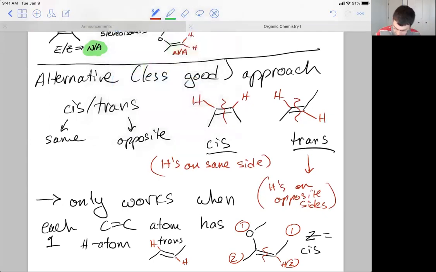Wrong. Cis only works and trans only works when each of the carbons that are double bonded to each other have a hydrogen each, because cis and trans look at only the relative orientation of the two hydrogen atoms.